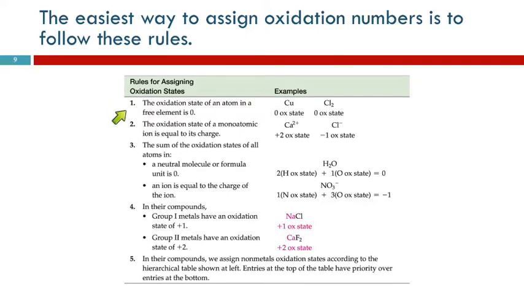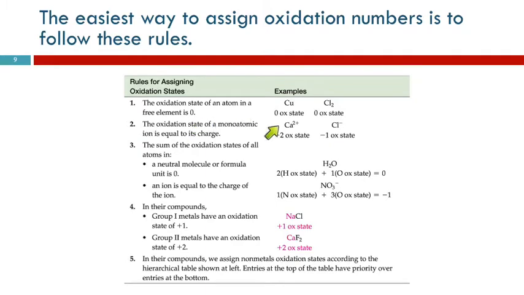So if you have an element like copper, does that have an ionic charge? No, it's just copper, no charge. Its oxidation state is 0, just like its charge, which is 0. Here's chlorine, 2 chlorine atoms. Is there any ionic charge there? No, it's a 0 oxidation state. Any element by itself is 0.